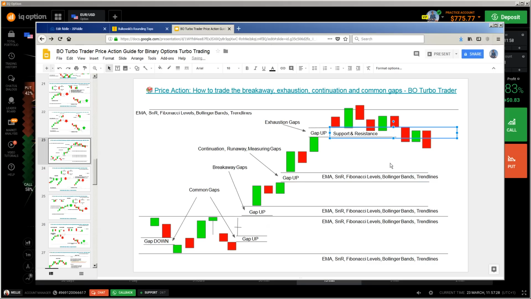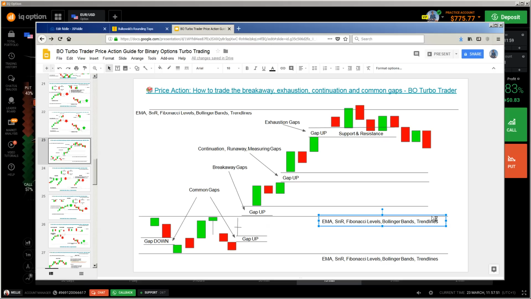The gap itself I would not recommend trading, because mostly they try to fill, but this is not sure, so I would not recommend trading them. But you can trade those areas, because support and resistance are mostly areas, and when you see some kind of rejection from those areas, you can use them as support and resistance.